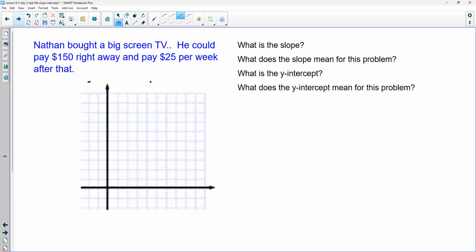Second scenario. This exact question came from the Chapter 7 notes where we did distribute, like terms, add or subtract, multiply or divide. And we wrote down he pays 150 right away plus 25 per week.